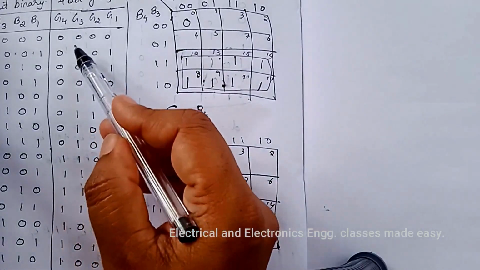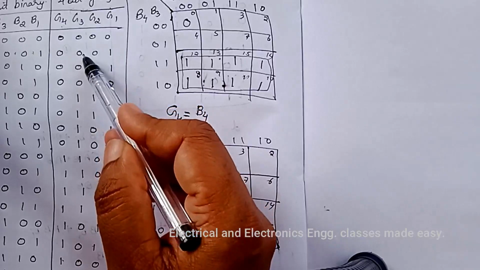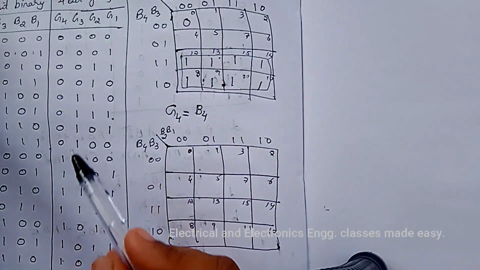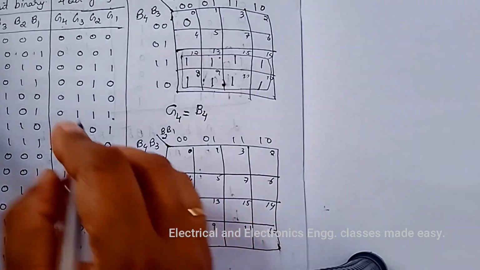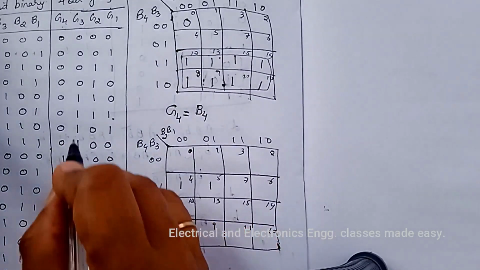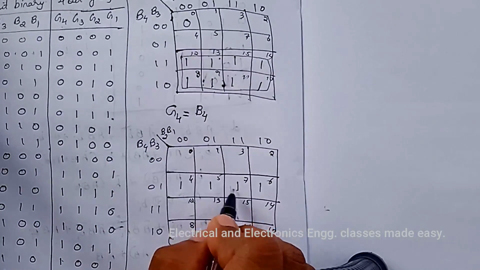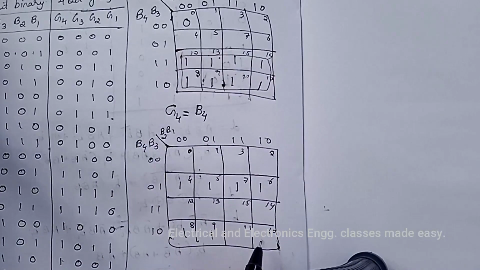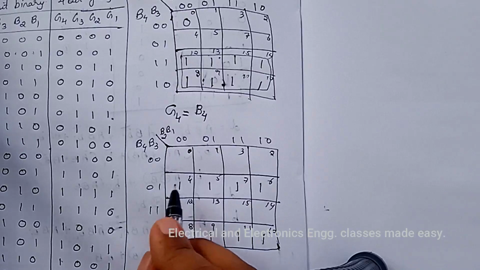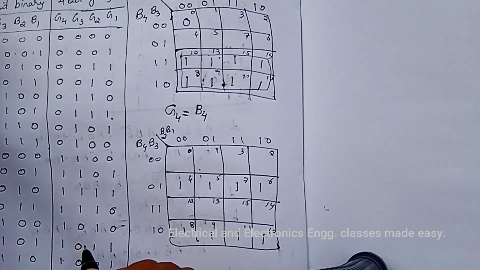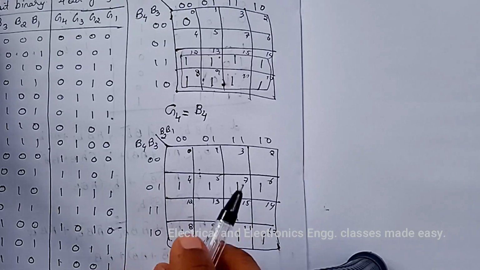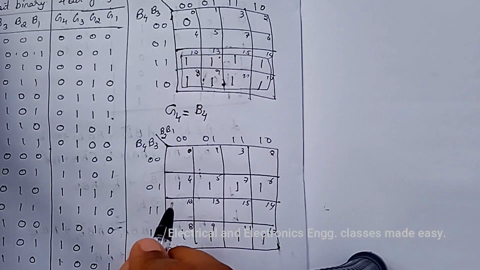So here 0, 1, 2, 3, next is 4. 4 is 1, then 5, 6, 7, 8, 9, 10, 11. These are equal to 1. So other squares no need to enter.